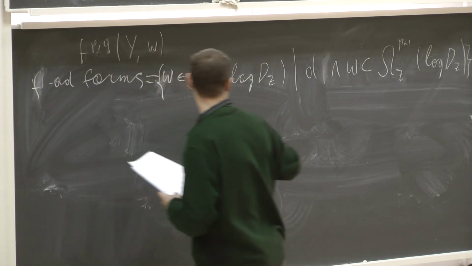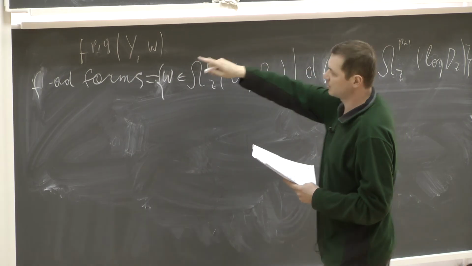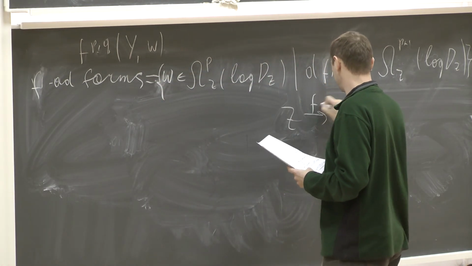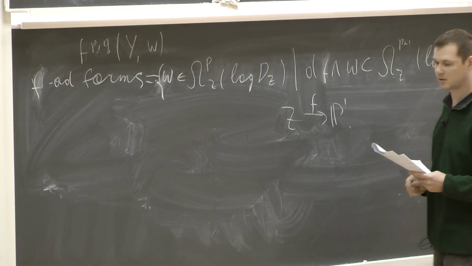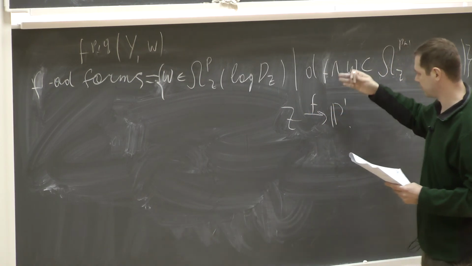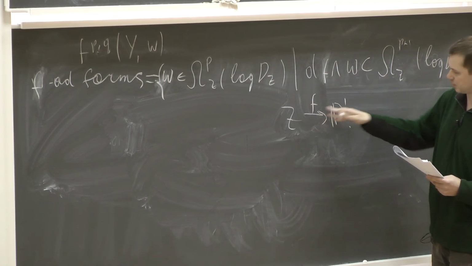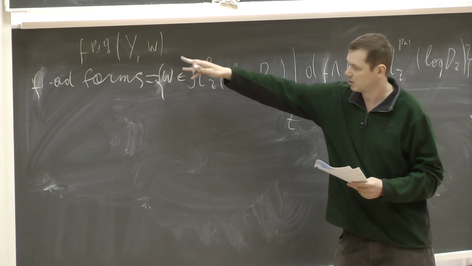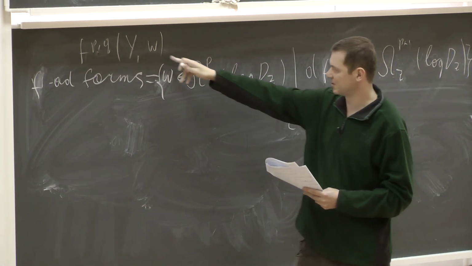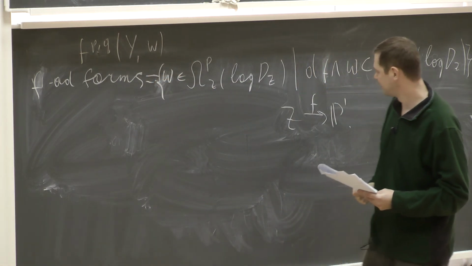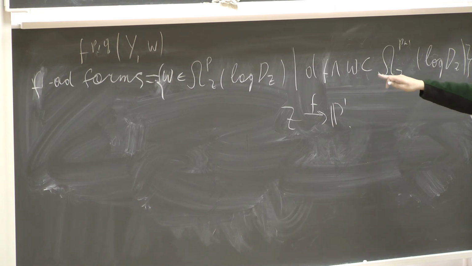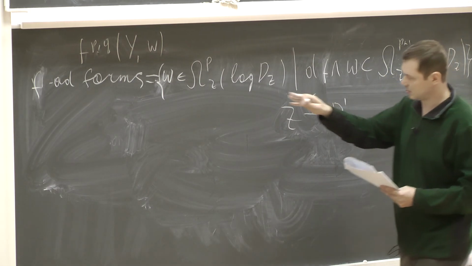Let me remind that we have Z and a map f to P^1. And Y is Z without the fiber over infinity, and w is just the restriction, so w is f acting on Y.